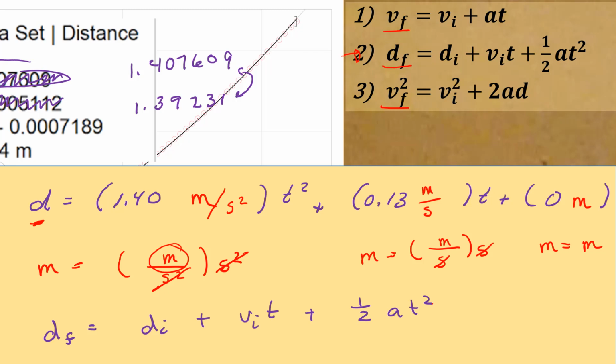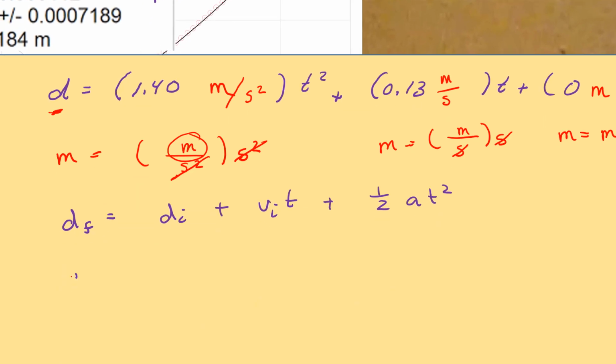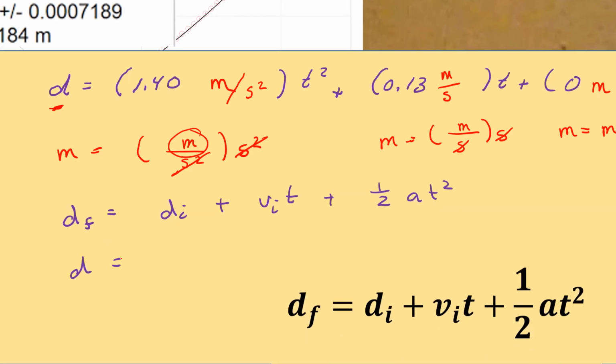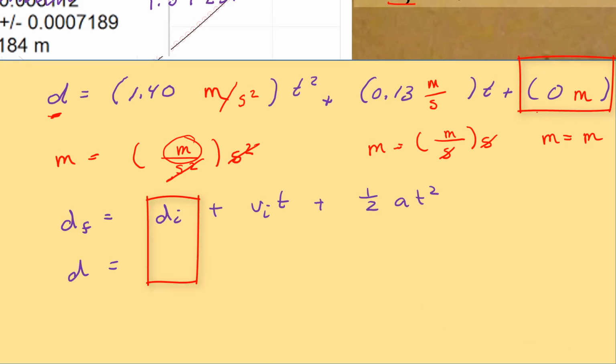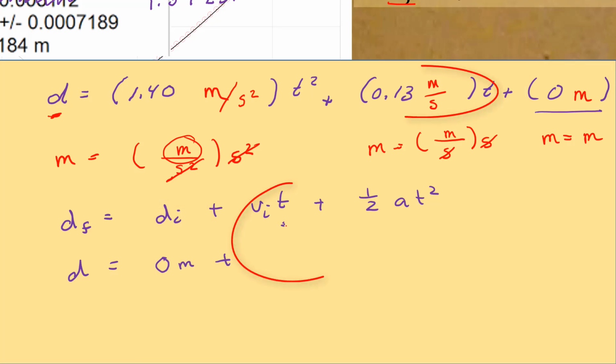Now I'm going to rewrite my equation from the lab, and I'm going to rearrange the terms so they're in the same order. So I'm going to put a D equals, and I'm going to put my term that has no t in it. So that would be this term here first. So it's going to be 0 meters. Plus, I'm going to put my term that has just 1 t in it. So that'd be this term here next.